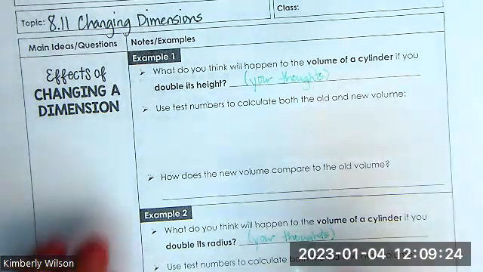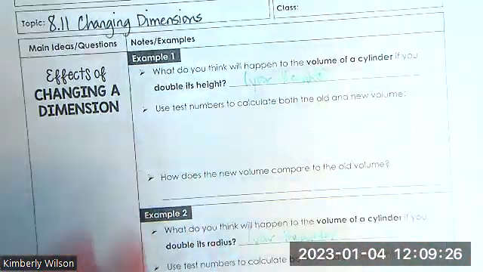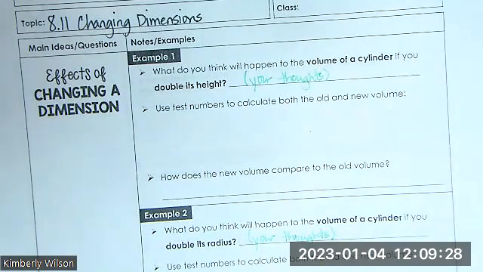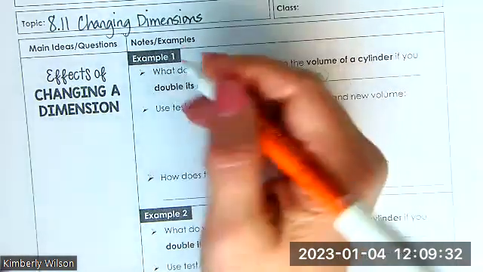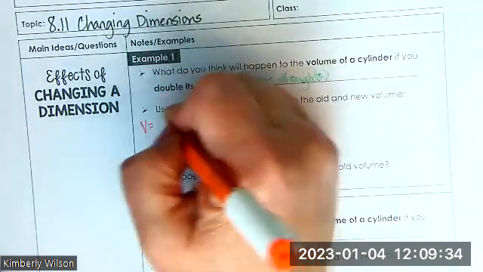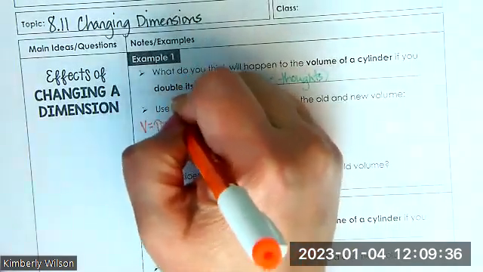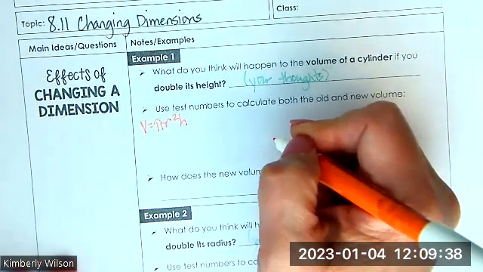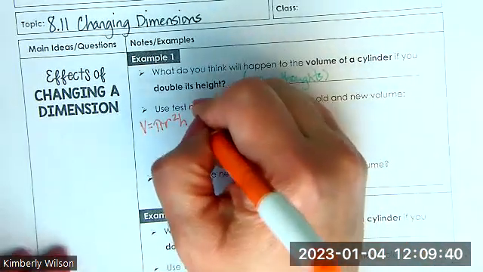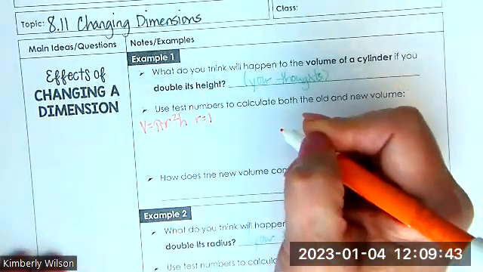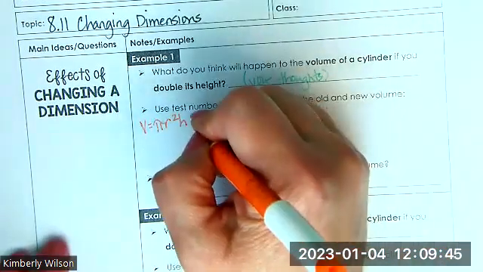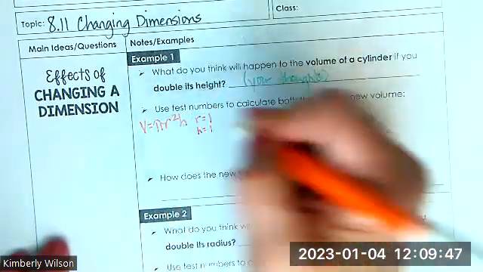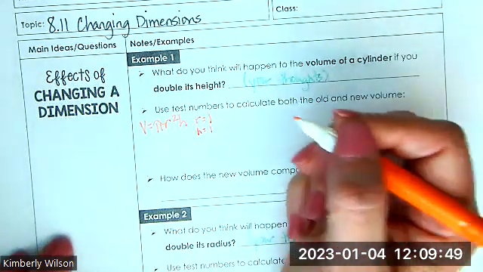Okay, so we're going to use our volume formula. The volume formula for a cylinder is pi r squared h. We're going to make our radius for the original be 1 and the height equal 1. Why not make it simple?